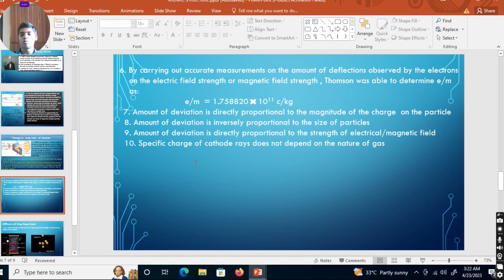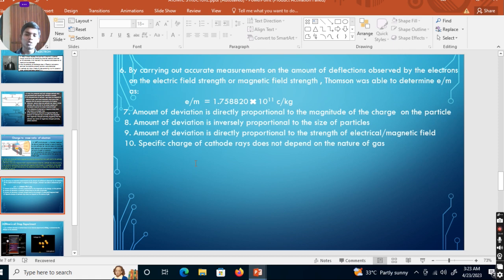And also, the amount of deviation is inversely proportional to the size of the particles. So, if the size of the particle is more, then the amount of deviation done by cathode ray particles is less. If the size of the particle is less, then the amount of deviation is more.